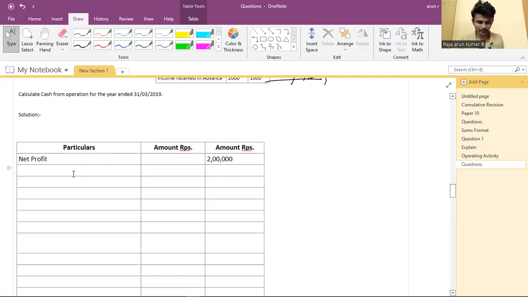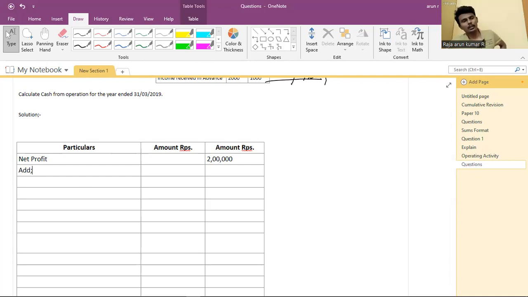Add what are the things? Non-cash expenses. Non-cash expenses means indirect expenses, and the non-cash expenses also you can add.